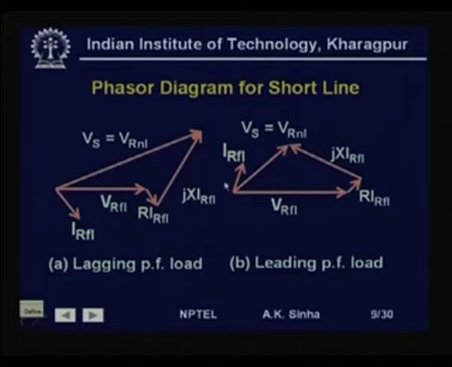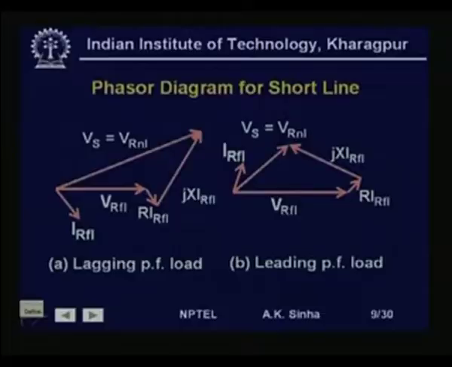This will give us the value V s, and this V s, as we see, will be smaller than V r. That is, in case of leading power factor load, the sending end voltage magnitude can be lower than the receiving end voltage magnitude.